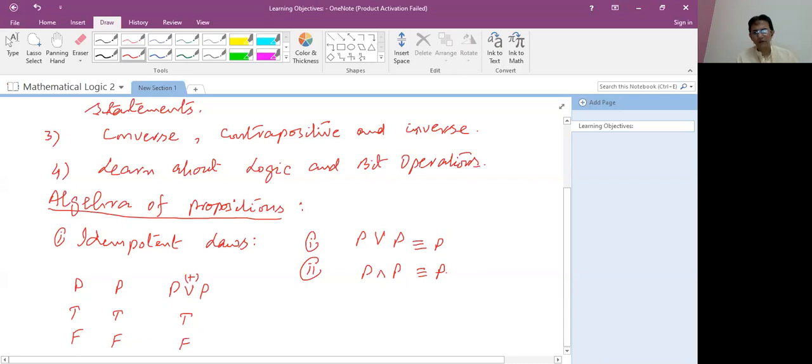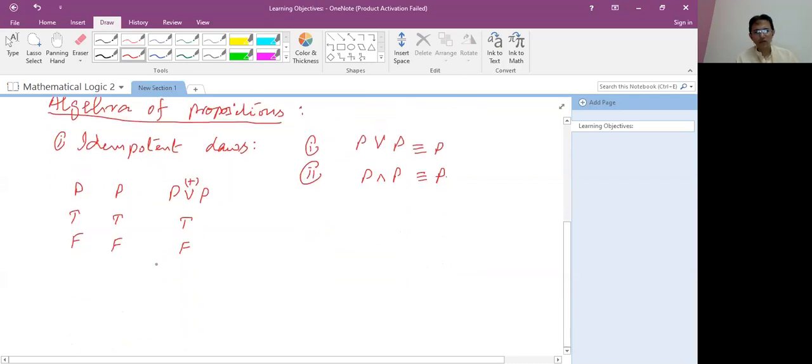So according to idempotent law, they are logically equivalent. Hence proved. So if we consider the variable x, x plus x is equal to x. This is called idempotent law in terms of the addition operation.